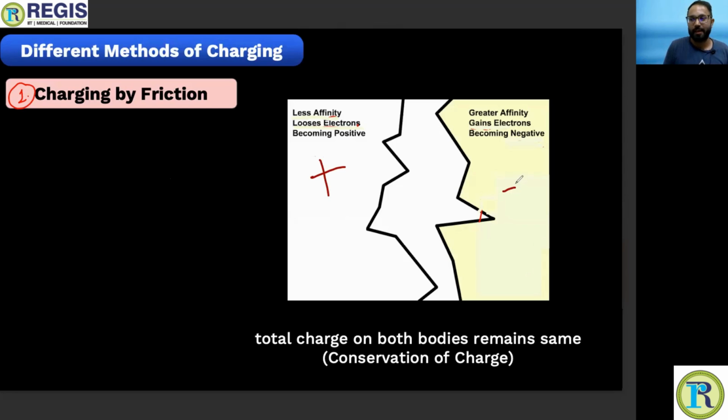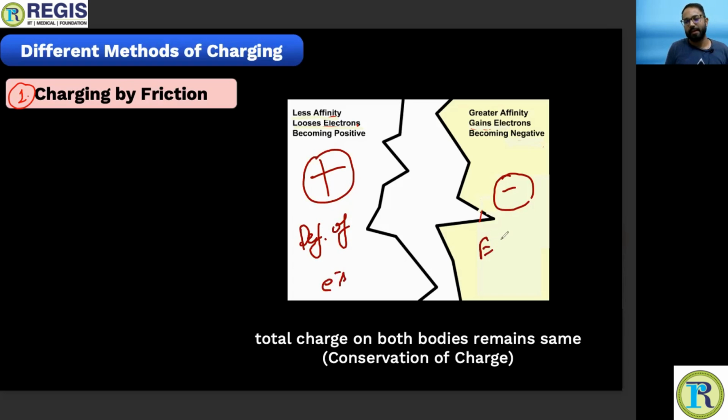So it will carry negative charge. Basically, one has a deficiency of electrons and the other has an excess of electrons. Clear? But the charge on the entire system will be conserved.